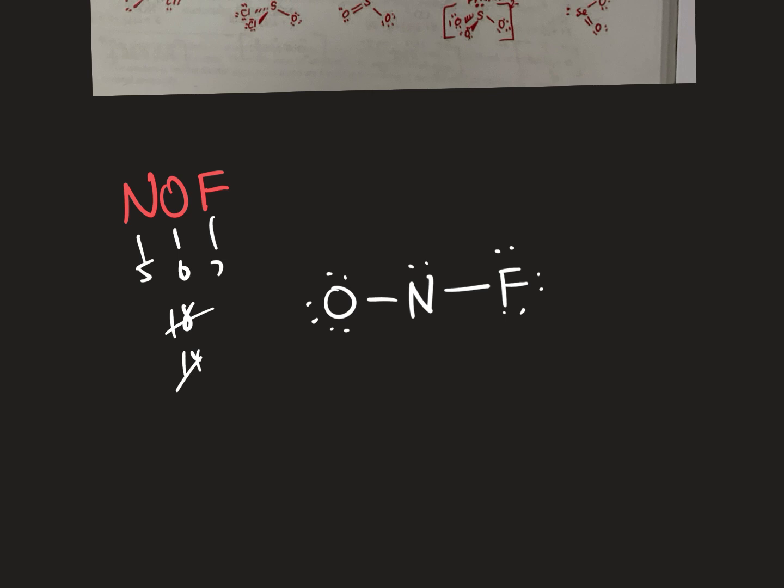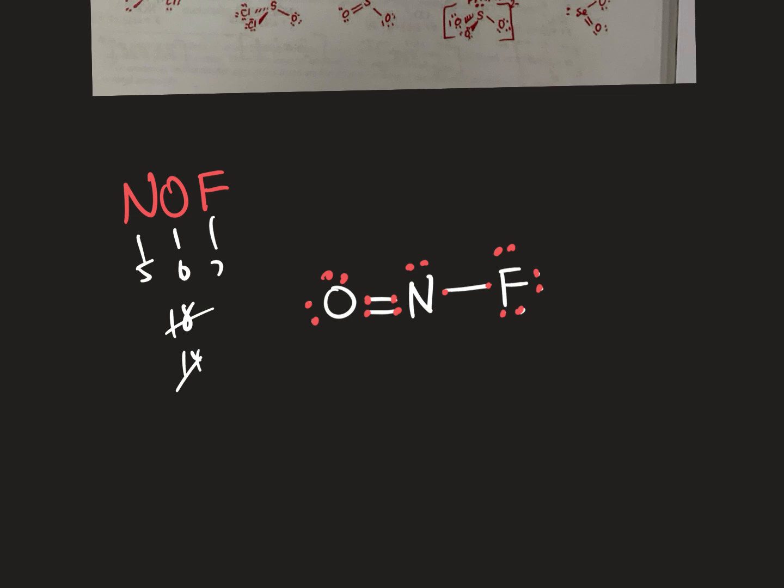And then we might share some from oxygen because it's not as electronegative as the fluorine. So something like that. And then we count 1, 2, 3, 4, 5, 6. 1, 2, 3, 4, 5. 1, 2, 3, 4, 5, 6, 7. So they're all good, right?